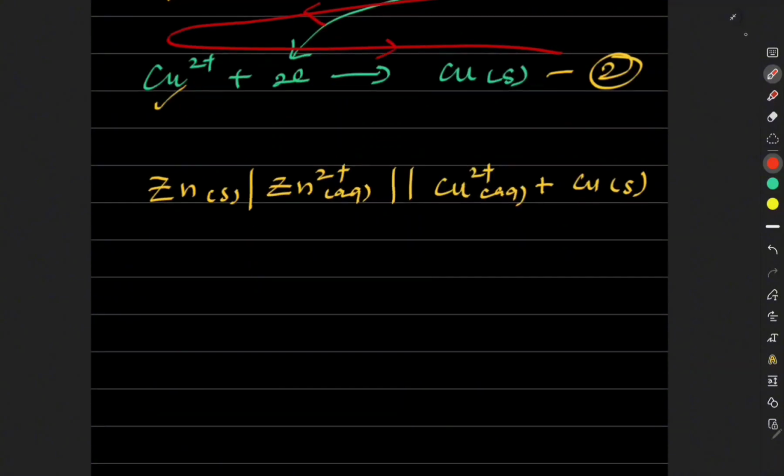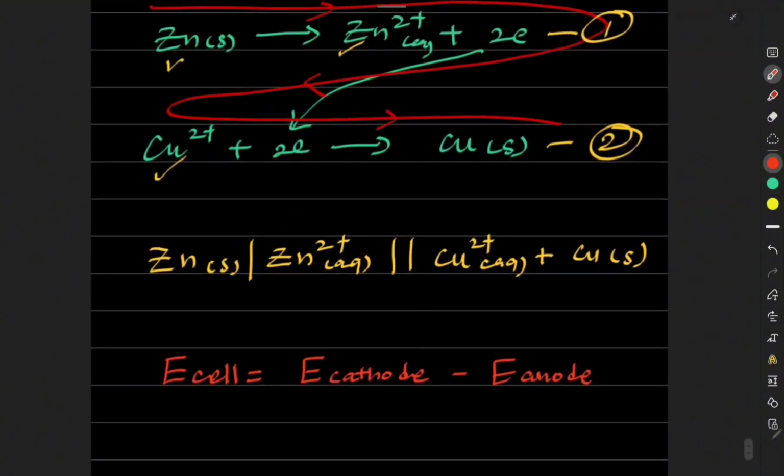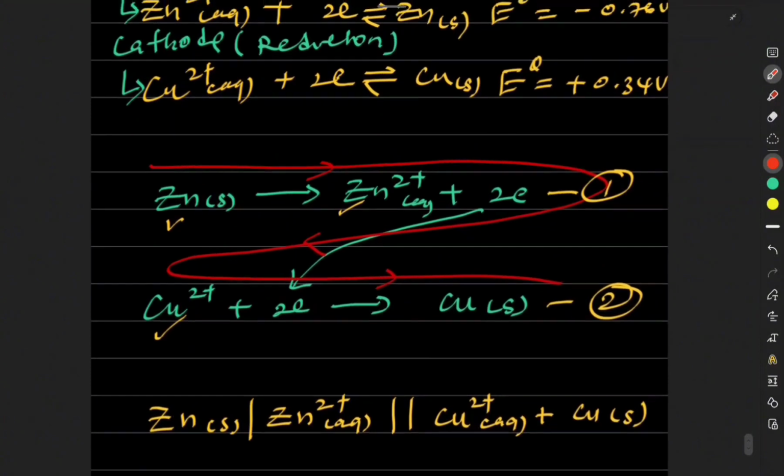Now let's look at the EMF of the cell. How can we find the EMF of the cell? EMF equals EMF of the cathode minus EMF of the anode. Let's find the EMF of the Daniell cell.